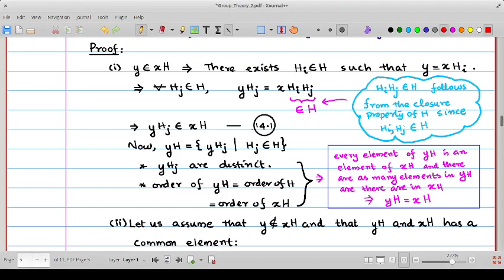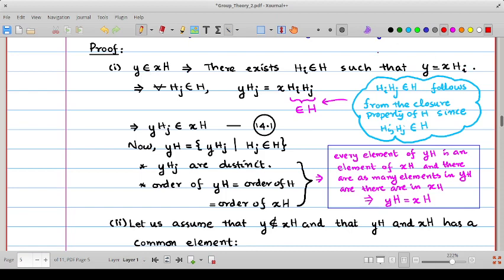We now prove these properties. The first property was that if y is an element of the coset xH, then yH and xH are the same. So let us assume that y is an element of xH. That means there exists an element of the subgroup H, let us call it hi, such that y is equal to x times hi.